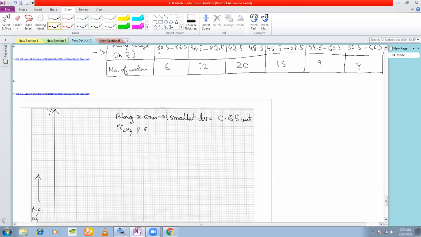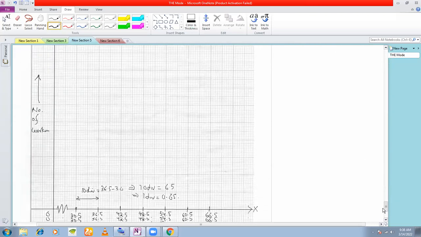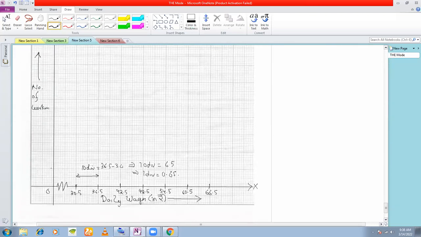Let us now decide the scale along the y-axis. So on the y-axis, which one is the lowest frequency? 6. And which one is the highest frequency? 20. So what you can do here is, again, you can take the same scale. You can take here 1, 2, 3, 4, 5, 6. 5 divisions you can take as 1 unit.